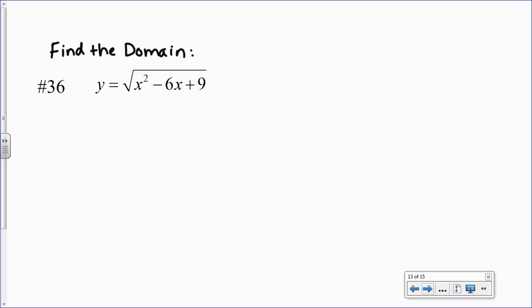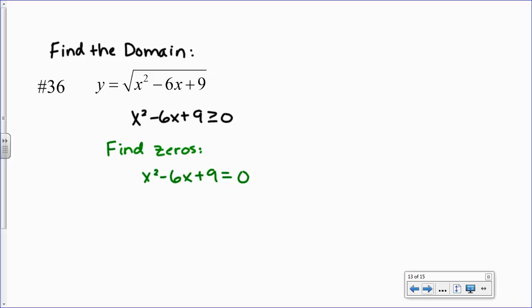Okay, so start there. So this factors. So what multiplies to give me +9 and adds to give me -6?